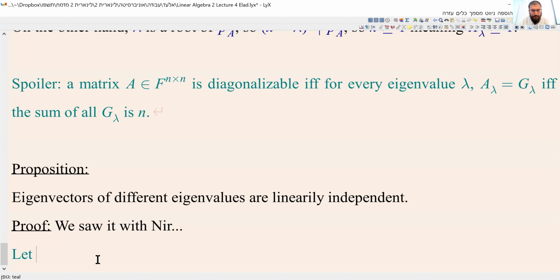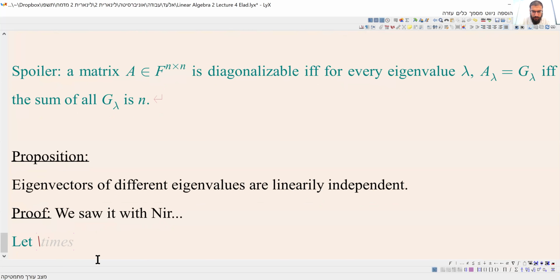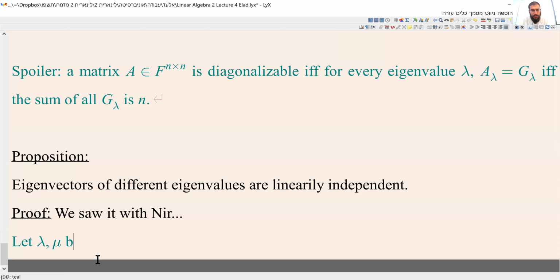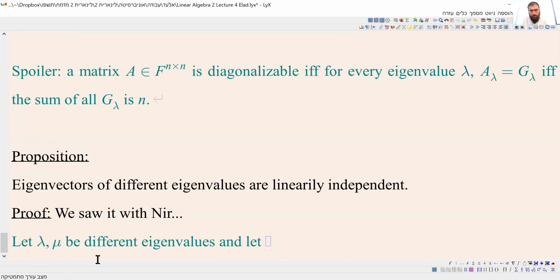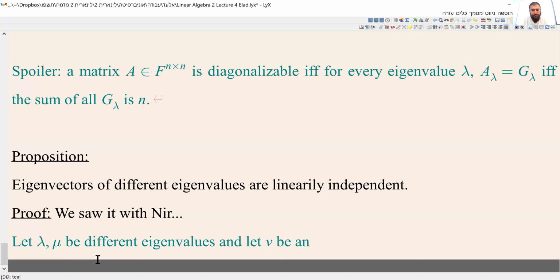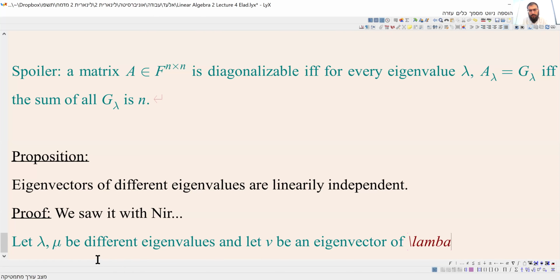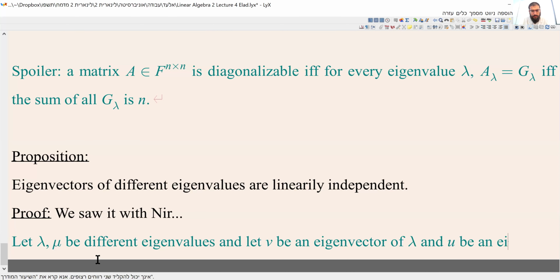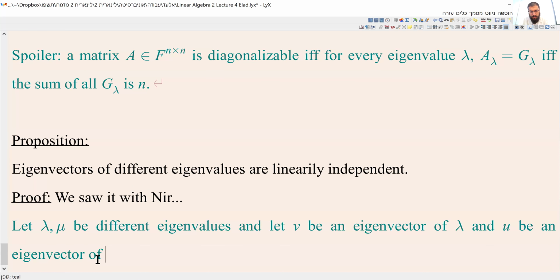Let lambda and mu be different eigenvalues, and let v be an eigenvector of lambda, and u be an eigenvector of mu.